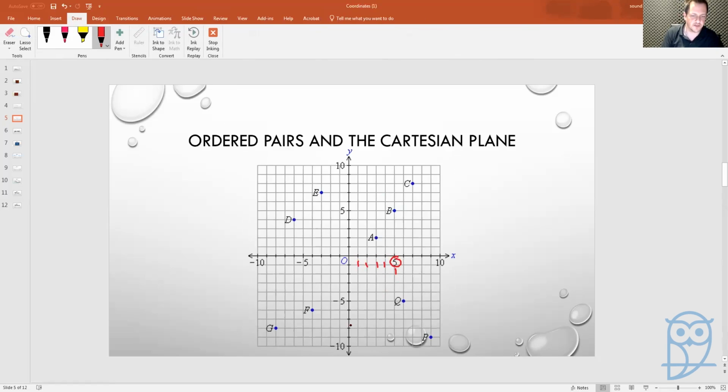Therefore, each of them has to be 1. So 1, 2, 3 across makes 3. 1, 2 up means that coordinate is 3, 2. You can either write it as 3, 2, or you can write it as 3; 2. It doesn't matter, both would be correct.